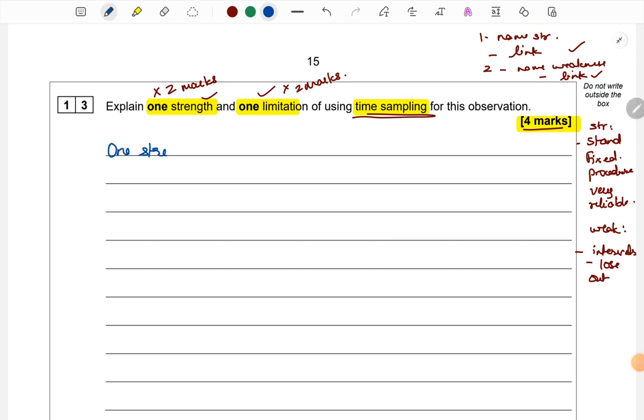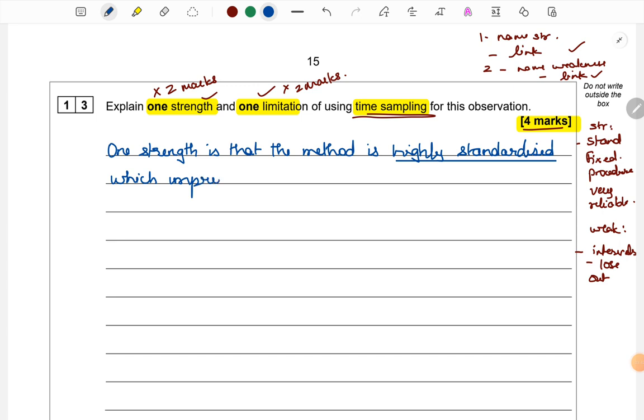One strength is that the method is highly standardized, which improves the reliability of findings. So this is generally, I have just stated what is a strength, but I haven't linked it. So now I will link it or refer it to the scenario that has been given.